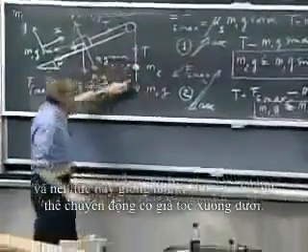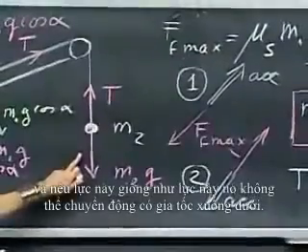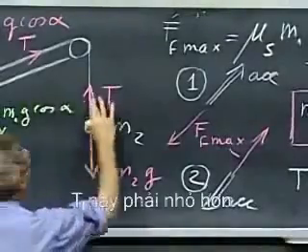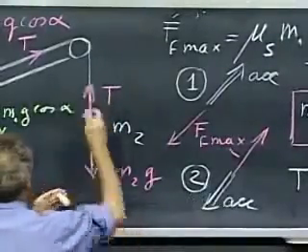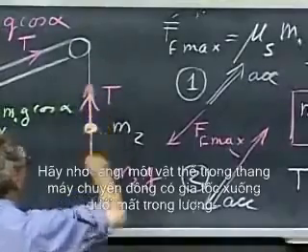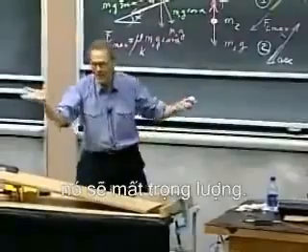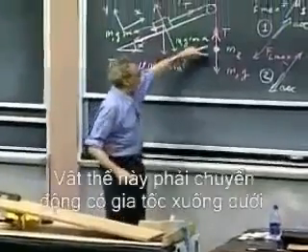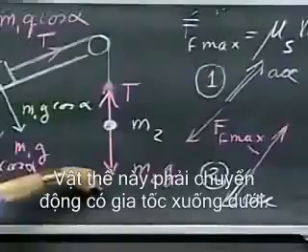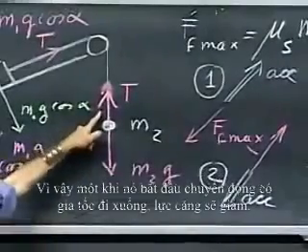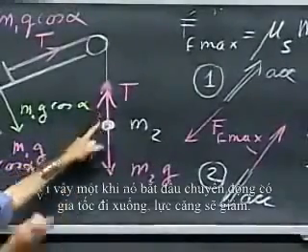And if this force is the same as this, it can never accelerate down. This T must get smaller. Remember, an object in an elevator being accelerated down loses weight. This object must be accelerated down. We have to take that into account. So the tension, once it starts accelerating, will go down.